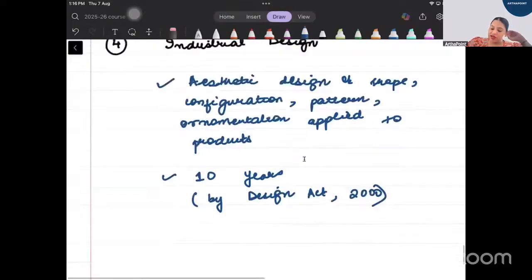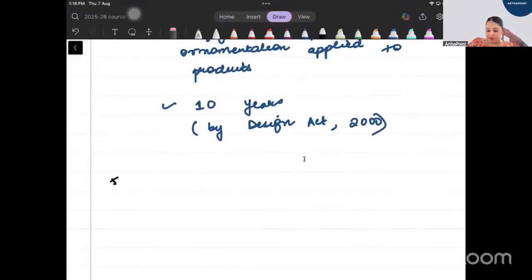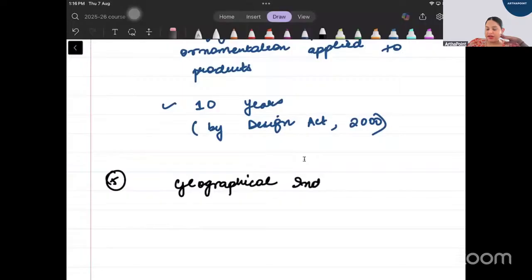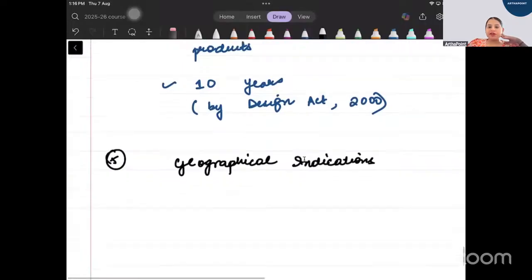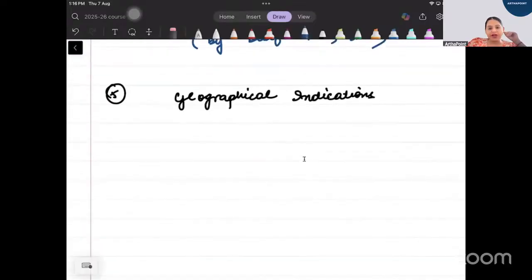Okay. Then you have next geographical indications. Geographical indication. So what does it protect?